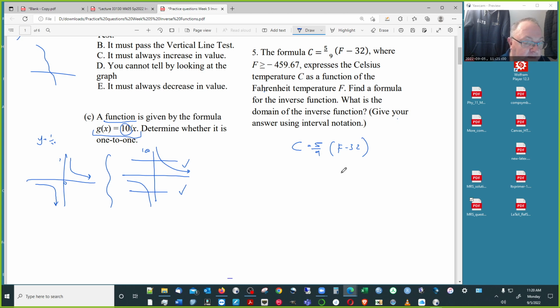It's just a straight swap. I think it's just a straight swap, and then that will give you the formula for the inverse function, and then we just need to answer the domain question.